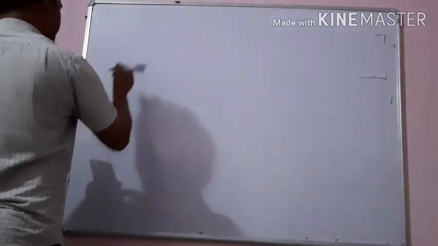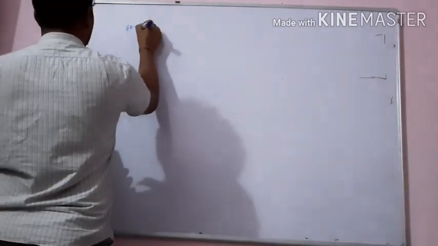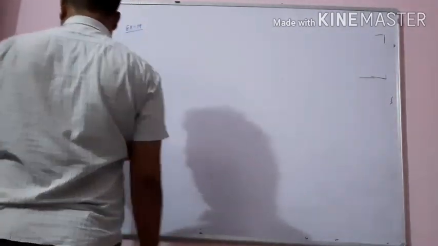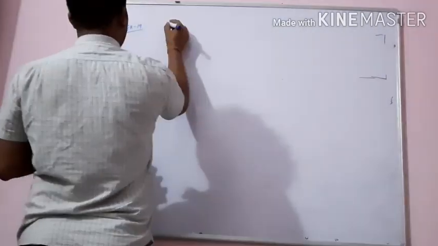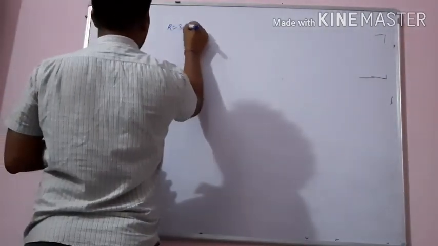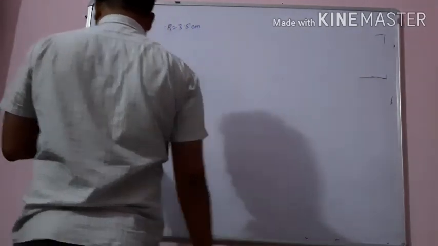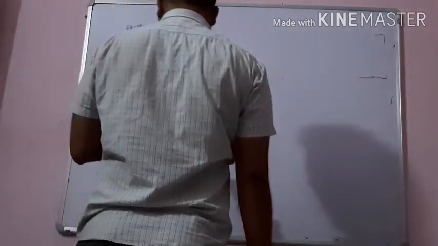Example number 19. A spherical bowl has a radius of 3.5 centimeter. What would be the volume of water it could contain?